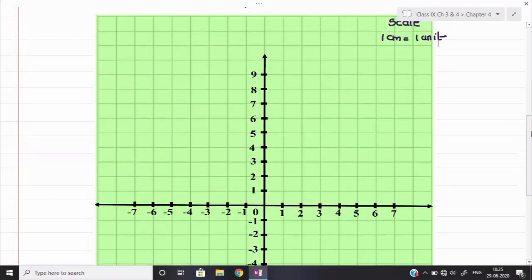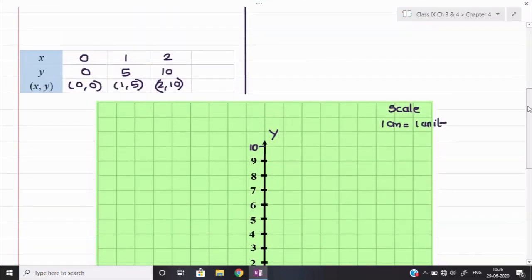Here one additional point will be taken onto the x and y axis, because on the y axis we are getting one point as 10. So I will take one additional point here, which I will mark as 10. As you can see, on the y axis I required the additional point 10, so I have taken one additional point 10 over here.